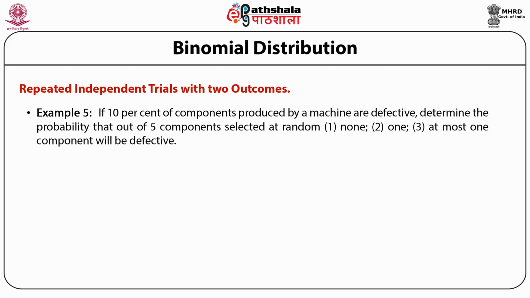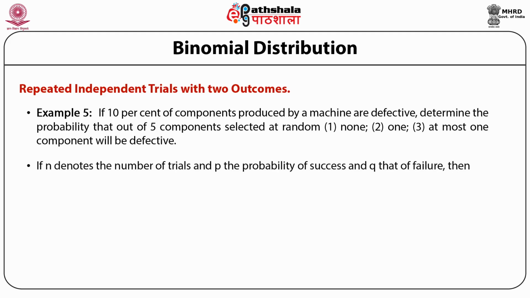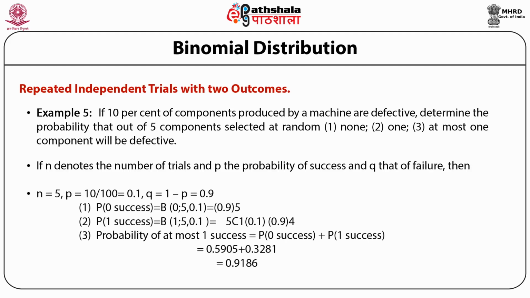Since 10% of the components are defective, that means the probability is given. 5 components are selected at random, so n is also given. Let n denote the number of trials, p the probability of success, and q that of failure. So here n is equal to 5, p is equal to 10%, which means 0.1, and q is equal to 0.9.